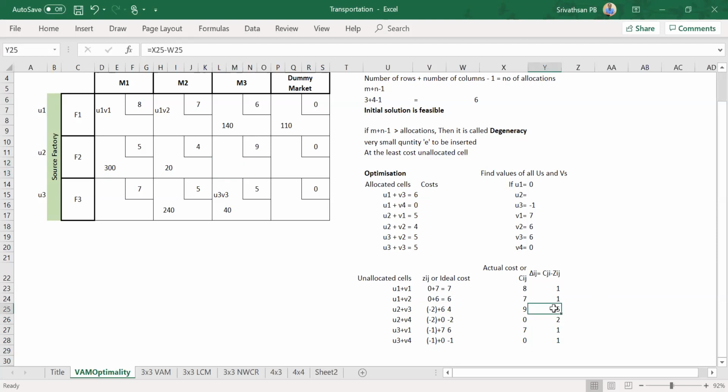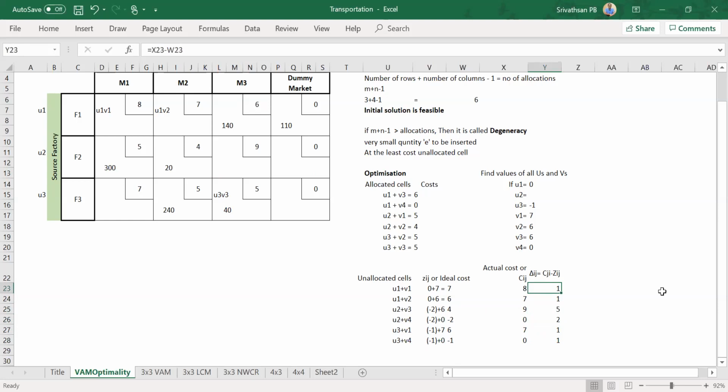That's what this del ij signifies: the ideal cost is only 4, but the actual cost is 9, so I'll incur 5 rupees more per unit. So it's not worth allocating any units into that cell, which is from factory 2 to market 3. Similarly, we have it for all other routes. Everywhere it is additional cost if we choose to allocate in those routes.